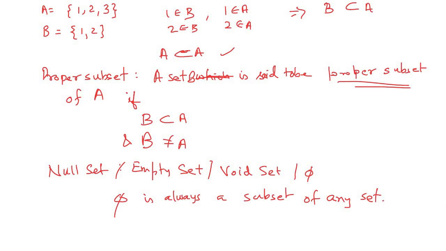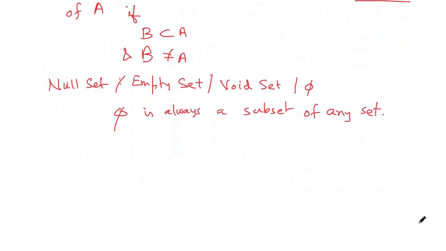There are some other specific notations for some standard sets. Let's talk about them. These are some special sets. Basically, the set of natural numbers contains numbers 1, 2, 3, and so on.